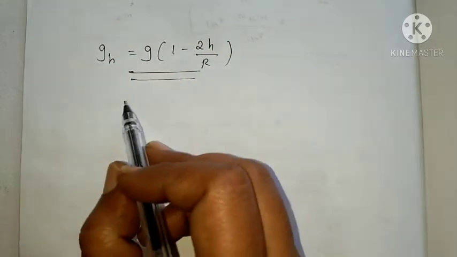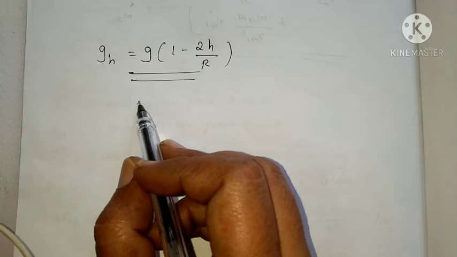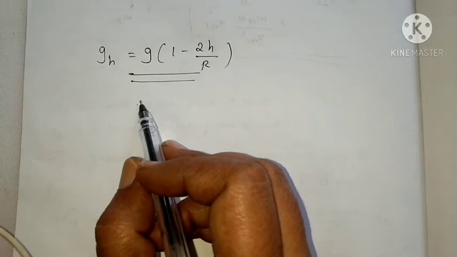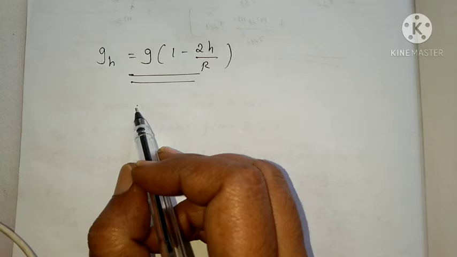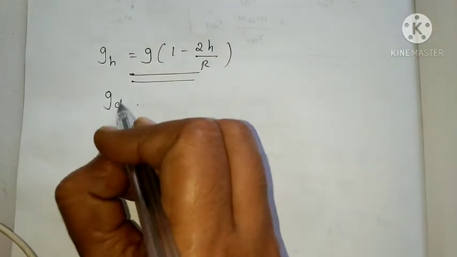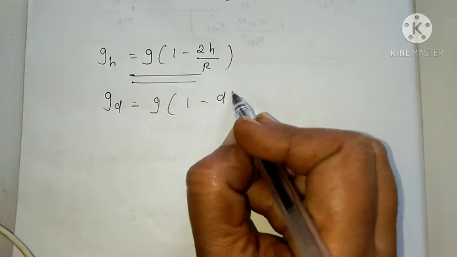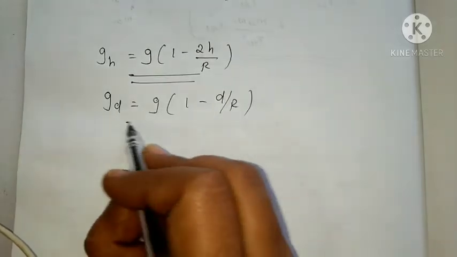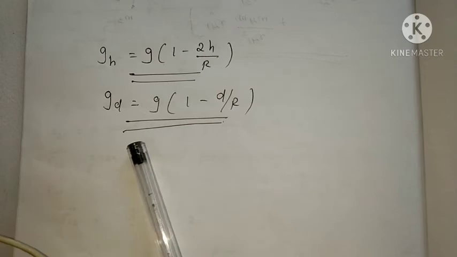Then how will you calculate the g at a depth from the surface of the earth? That is g_d equal to g into 1 minus d by r. So this is the equation for the g at a depth.